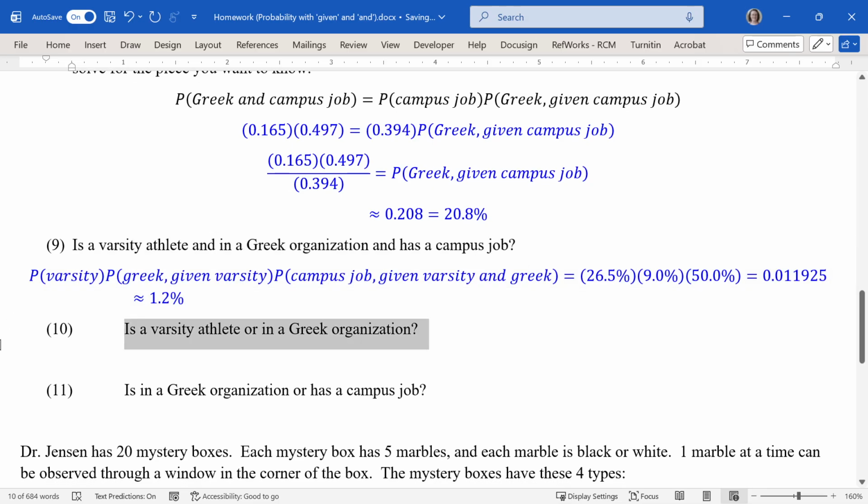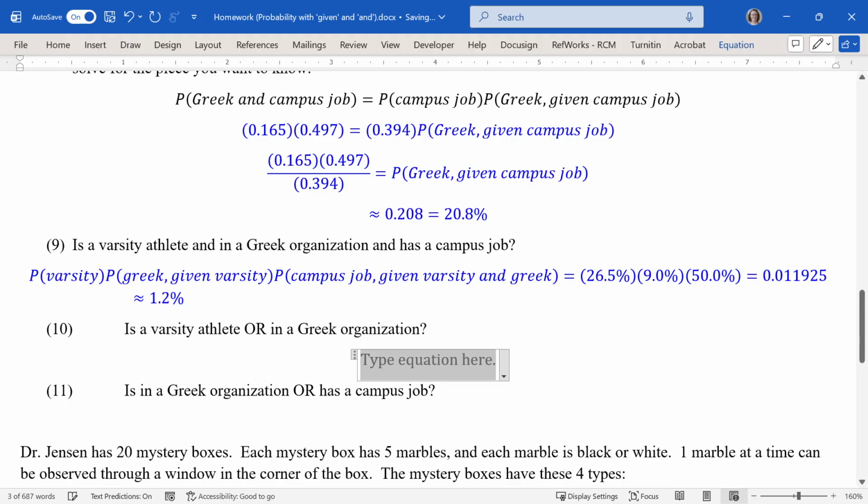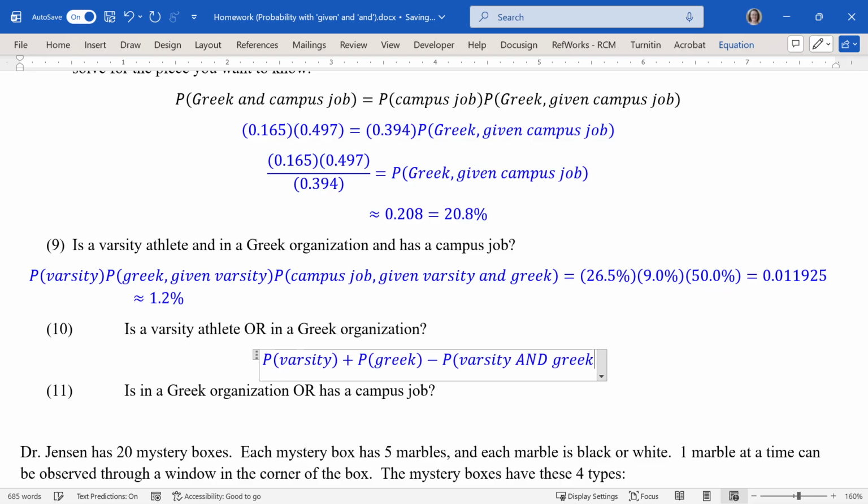Okay, for number 10 and 11, we're doing OR events. Make sure you notice this says OR right here. So for OR, you can always do it by adding together the probability of each thing individually and then subtracting the overlap, so the probability that they are varsity and Greek in the same student.